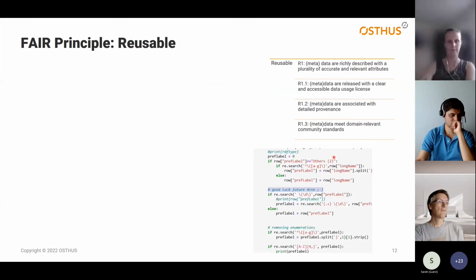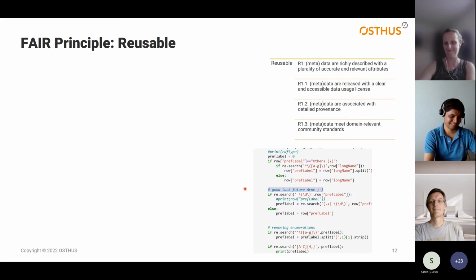Reusing things myself is a good keyword here. So I brought an example of some scripting that I did, not production code, just something that I had to run once so that I didn't have to do it in Excel. And sometimes you find comments in there, something like: good luck, future Arne, trying to understand that one. I did not bother including comments.